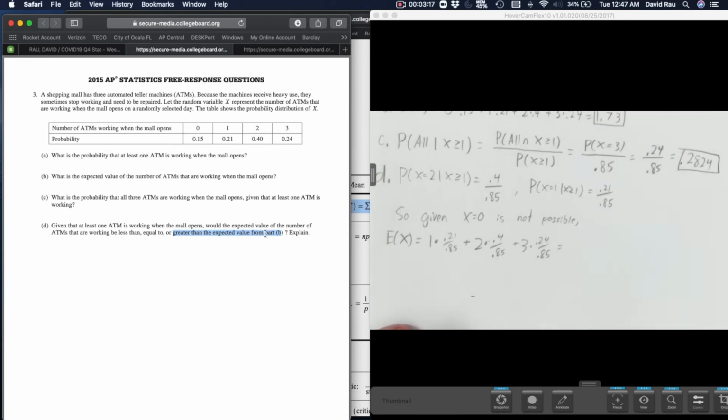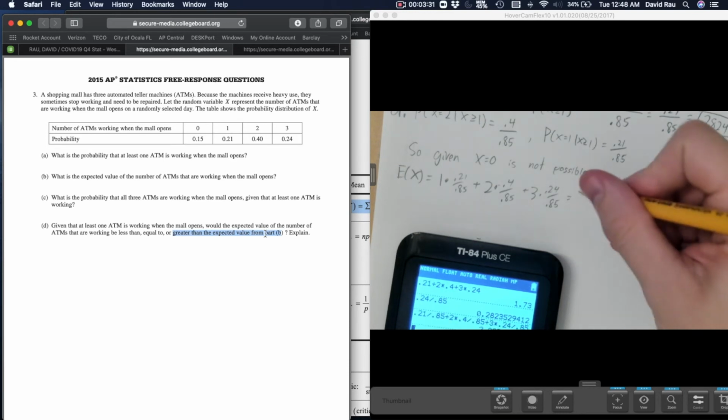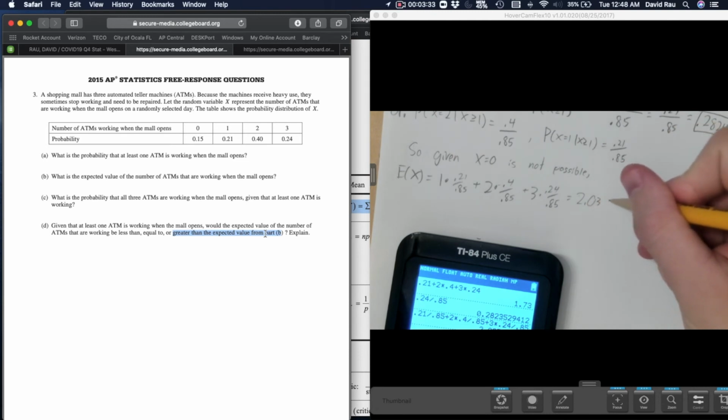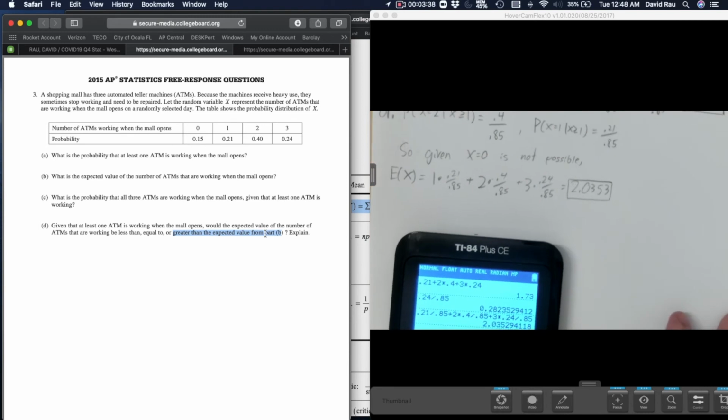All right, and so there we go. Let's calculate that. So we have 0.21 divided by 0.85 plus 2 times 0.4 divided by 0.85 plus 3 times 0.24 divided by 0.85. And so there we go, we get 2.0353. So the expectation is greater than.